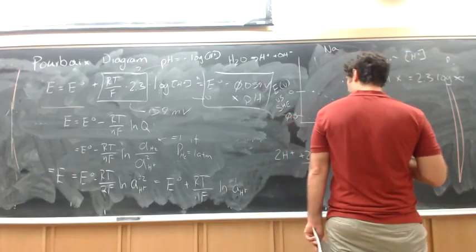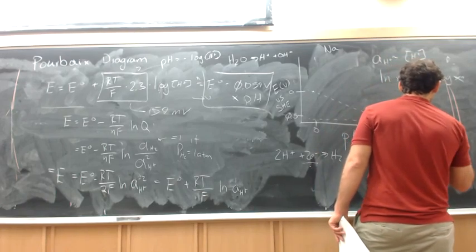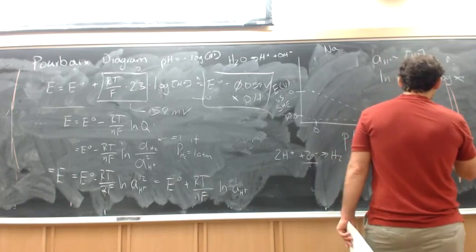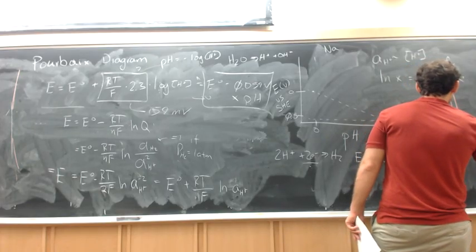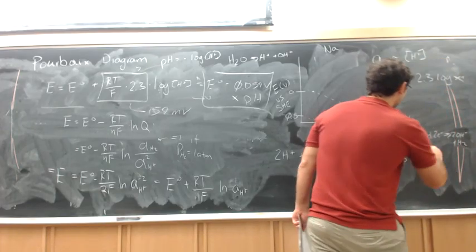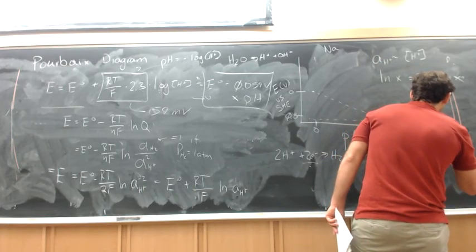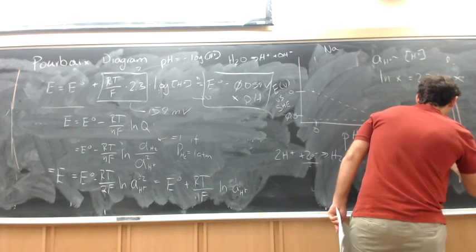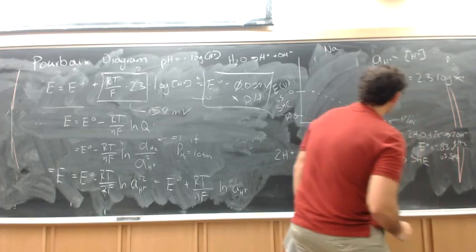So this is going to get a little confusing, so pay attention. If I take 2H2O plus 2 electrons goes to 2OH minus plus H2, E naught equals negative 0.83 volts versus SHE. Okay?